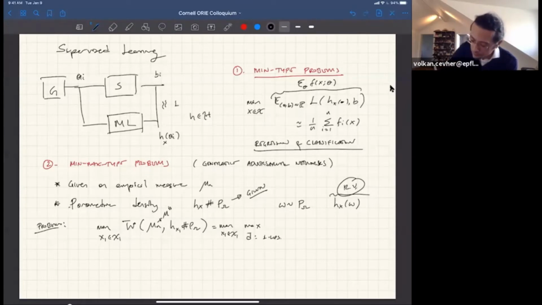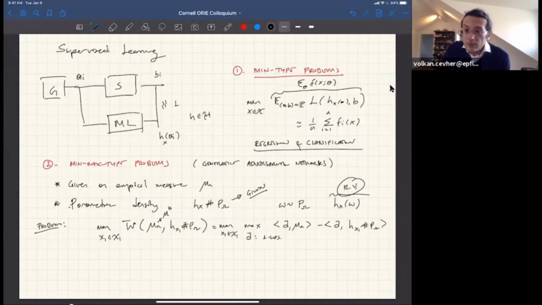And what we're going to do is write some inner products. These inner products actually correspond to integrals, so this is like the integral of this function d with respect to the measure, right?